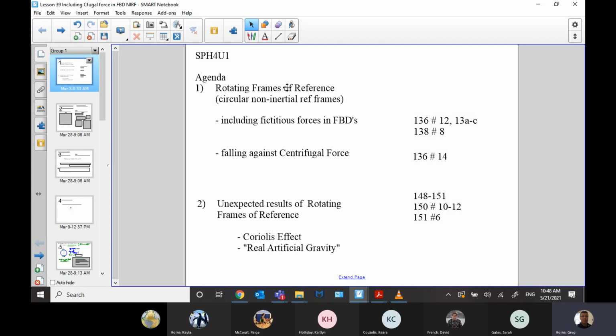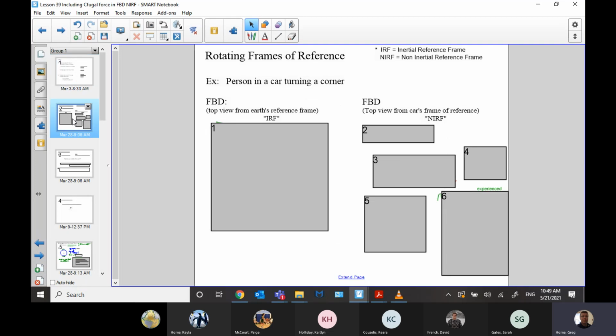I've already mentioned artificial gravity a little bit, just loosely. So now we can look at the details of it. We're going to actually work with cases where we're including the fictitious force in the free body diagram, and we're going to look at the effect that centrifugal force has on how you feel gravity, okay? The kind of forces you experience due to gravity, I should say, because you don't really feel gravity directly.